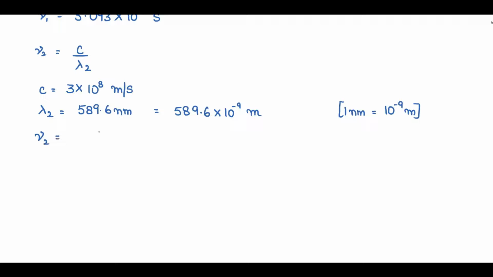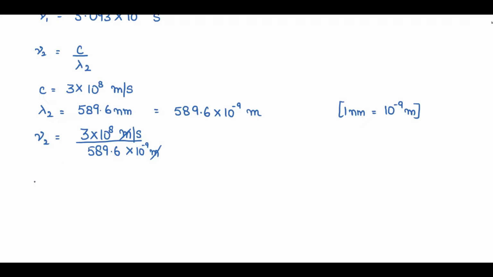So nu2 equal to 3 into 10 raised to power 8 meter per second divided by, now this lambda 2, it is 589.6 into 10 raised to power minus 9 meter. I'll cancel this meter with this. Again, 3 is smaller than 589.6.